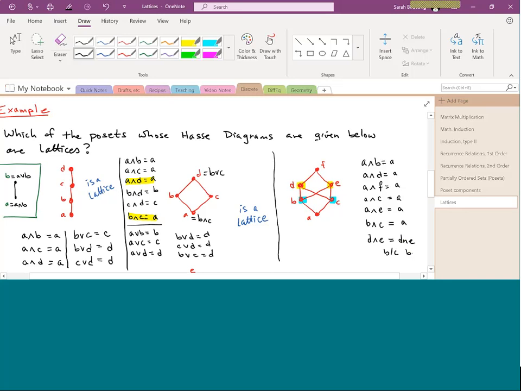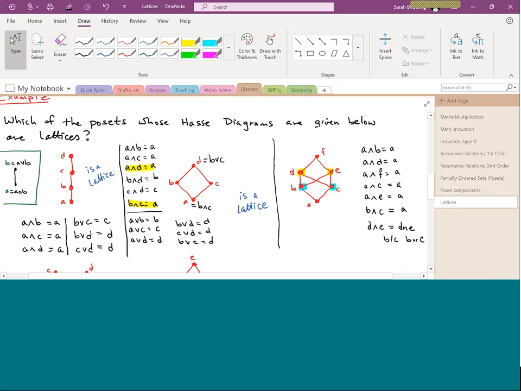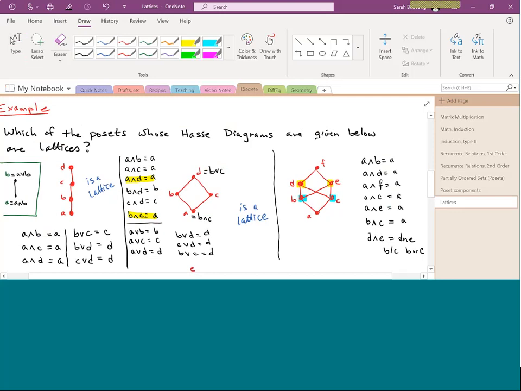Now, analysis. What does that mean in terms of us trying to figure out if this guy is a lattice? What do you guys think? Could this poset be a lattice? Correct. So because you have one of your meets undefined, this guy is not a lattice.